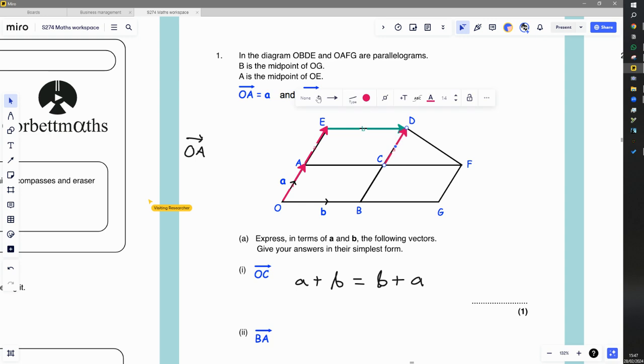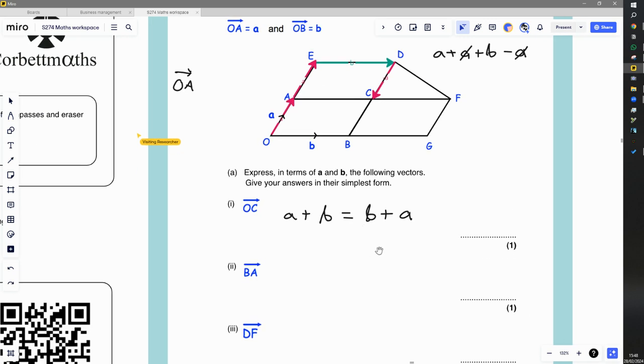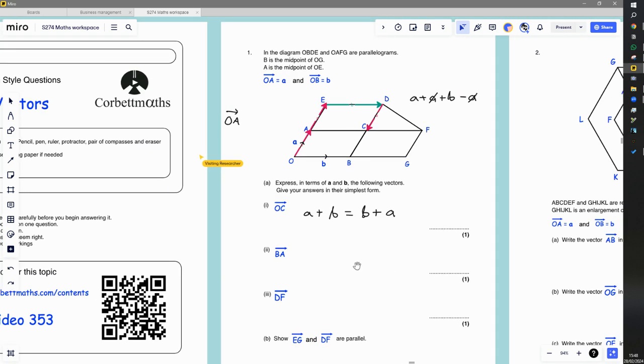I flip that one around, and I'm going to write negative A. So this time I'm going to go A plus B, take away A. Because we've got A take away A, they cancel, and we're back down to A plus B. So it still works the way it would normally in algebra. Either of those two answers are fine.